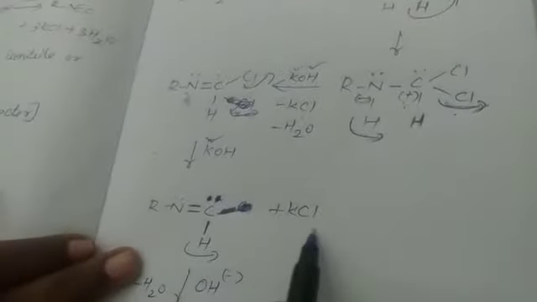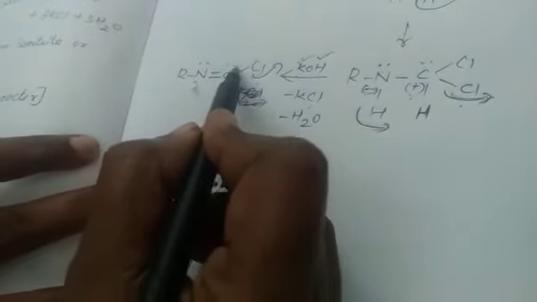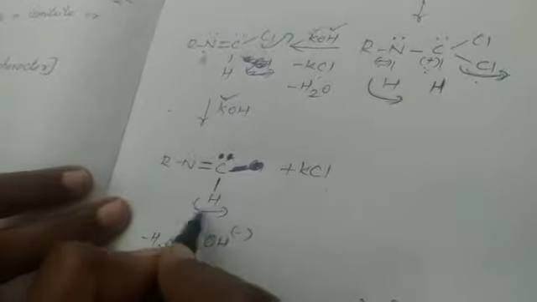Initially this K plus and this Cl minus will be removed as KCl. So again it will have the same two lone pairs of electrons and then one hydrogen and two double bonds. If you are removing H plus again with this OH minus here, again there is a removal of a water molecule. Now the carbon will have two lone pairs of electrons.